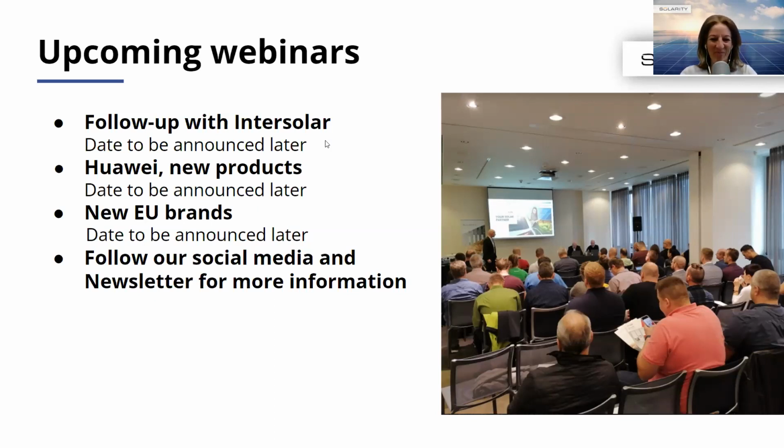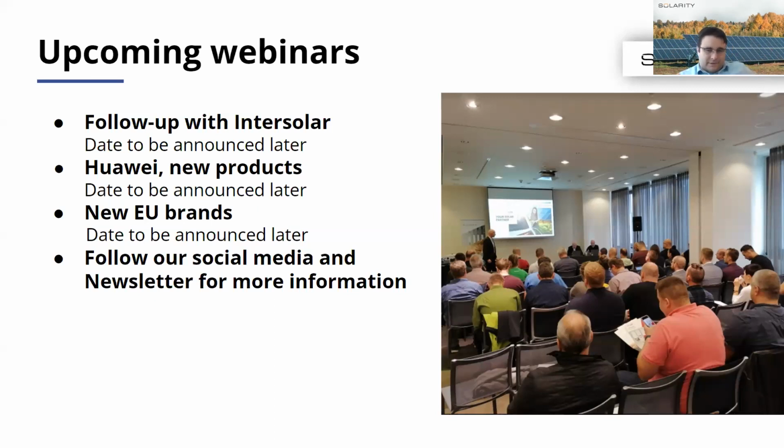Of course, as mentioned in the beginning, we have lots of webinars and various events during the whole year, so just follow the newsletters. If you are our partner registered on our eShop, you will receive newsletters from our marketing team, so you will be informed of any news. We have JSolar coming up, so we'll definitely see you there. It will be a big event, even bigger than last year.